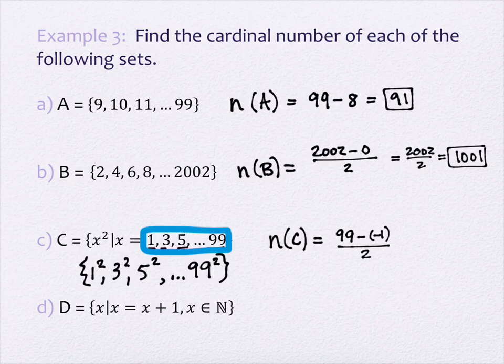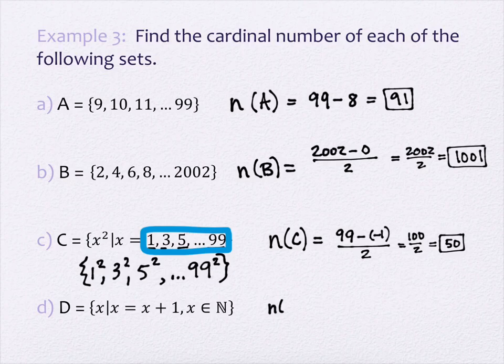Divided by 2. Again, why am I dividing by 2? Because I'm skip counting by 2s. I'm skipping every other number, right? So you're right, Kinsey, it is 100 on top, then divided by 2, so I end up getting 50. 50 is the cardinality of set C.